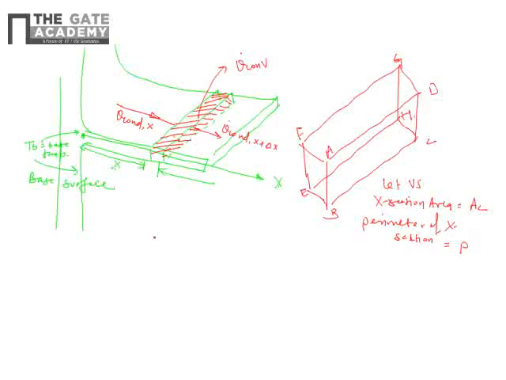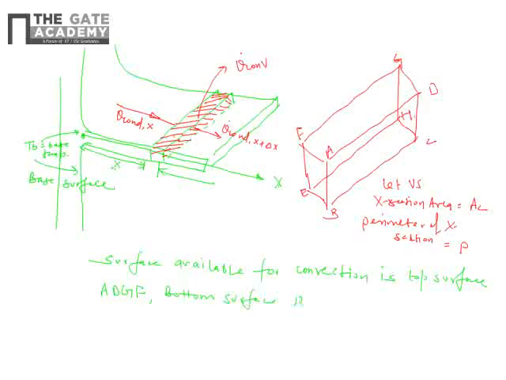So the surfaces available for convection are the top surface, that is ADGF, the bottom surface, that is BCHE, and the two side surfaces AB, EF and CD, GH.